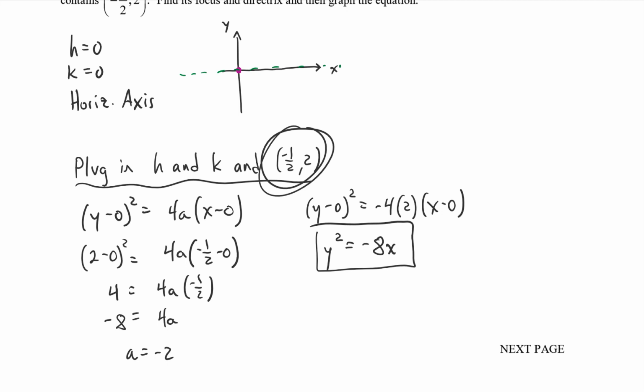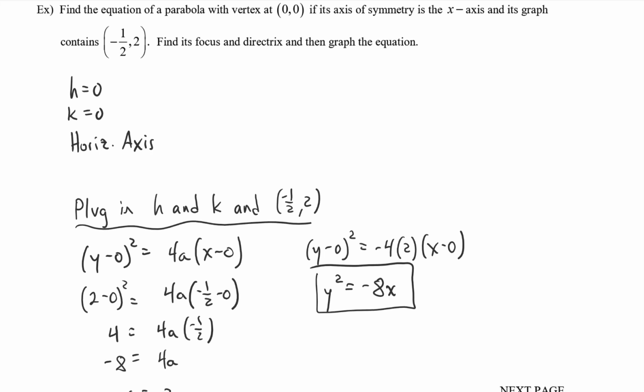Okay. Then it says graph it. So let's go ahead and graph this thing here. Make a little bit of room so we have somewhere to graph it. I'll graph it over here.